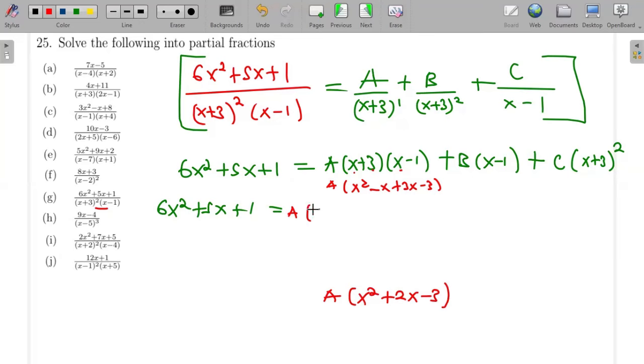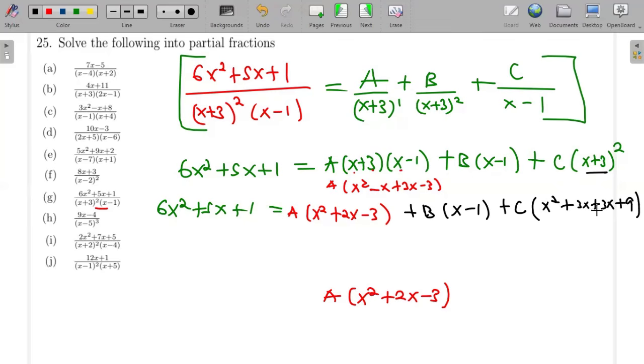So that's what I'll write here. Next I have plus b and then (x minus 1). Then plus c, and this guy here expands: x squared plus 3x plus another 3x and then plus 9. This one will give us 6x. So now let's expand with the numbers that are outside.